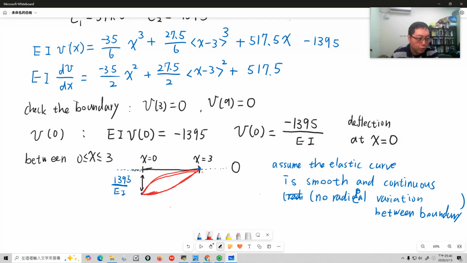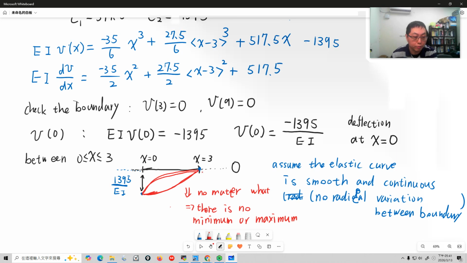But no matter what, there is no minimum or maximum in the range x between 0 and 3, because we assume the elastic curve is smooth and continuous.